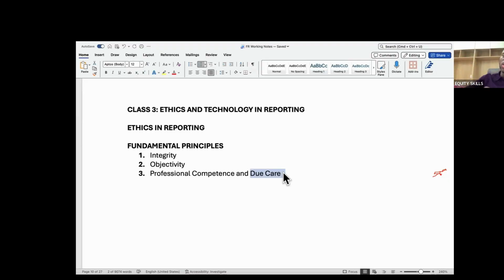And getting MCP units means that you need to go for trainings from accredited training centers that are related to ICAN. That is why before you even pass ICAN exams, they would ask you serious questions, and that's why we are teaching you very seriously here. So, professional competence and due care.